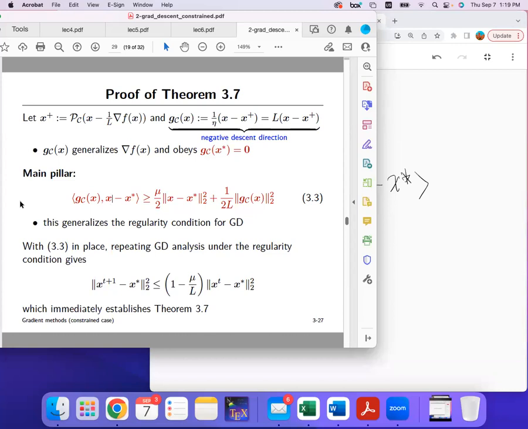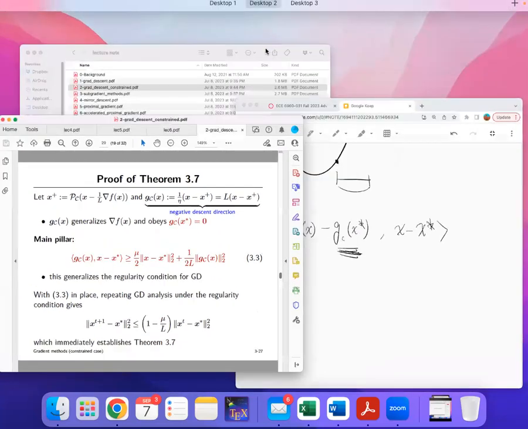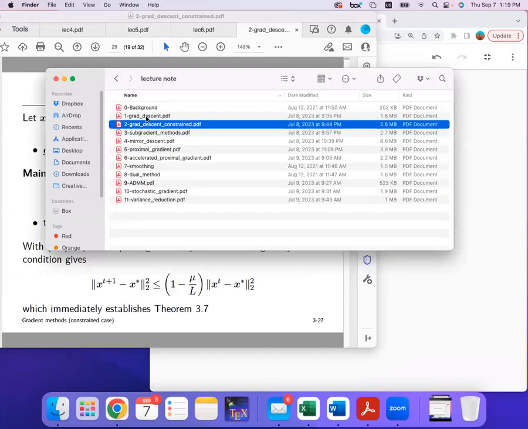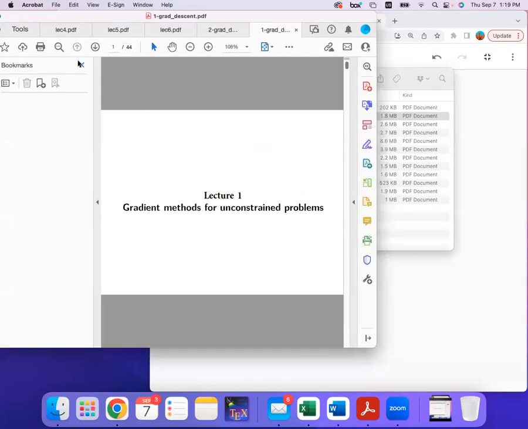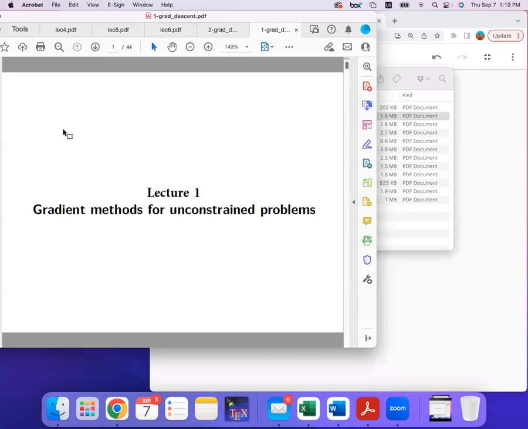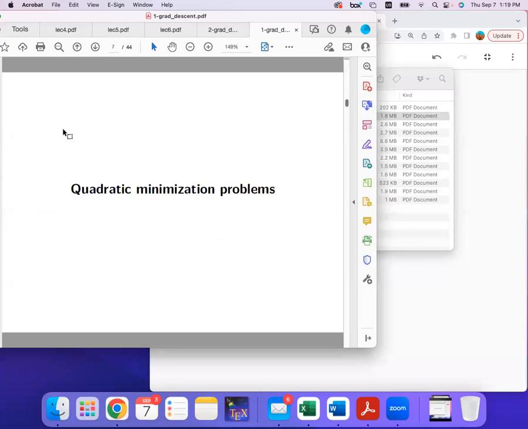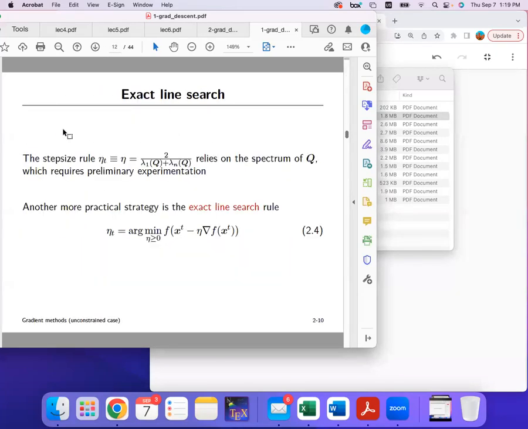Now, suppose we can show this inequality, then the convergence guarantee is just one step. You just follow the convergence analysis of gradient descent.